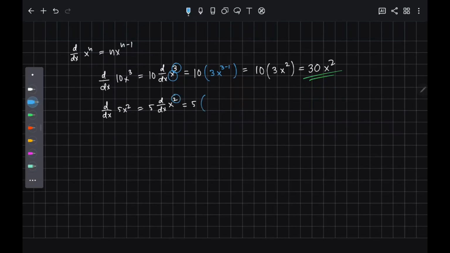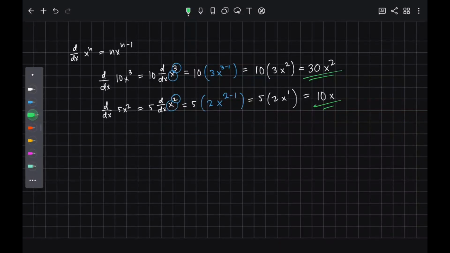Again, we have n is 2, so bring down 2, copy x, then n minus 1, so 2 minus 1. So that will be 5 times 2 times x raised to 2 minus 1. 2 minus 1 is 1. Simplifying that, 5 times 2 is 10, and x raised to 1 is just x. So we have 10x as the derivative of 5x squared.